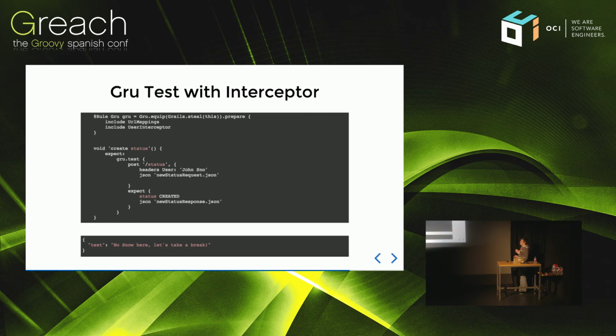So if I now post to statuses, I need to set the header so it matches the user from the database stored by Drew, and some JSON file. I expect the status and another JSON file. This is the content of the new status request, so it's very simple, just holds the text. That's enough. So I just post the text of the status there, and I will see what's happening.